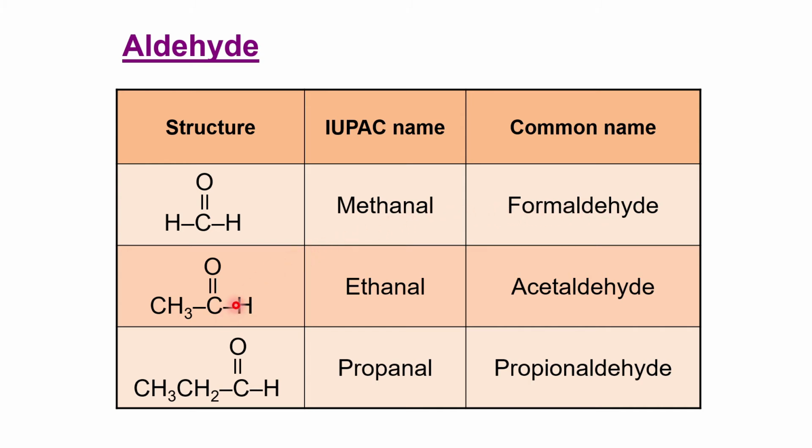Then two carbon of aldehyde. The first carbon starts with C double bond O, the second carbon is CH3. So two carbon is ethanal. Three carbon is propanal, so 1, 2, 3. These are the common names for aldehyde.